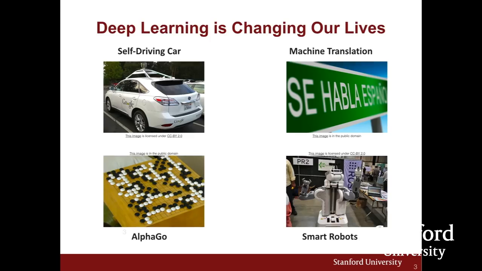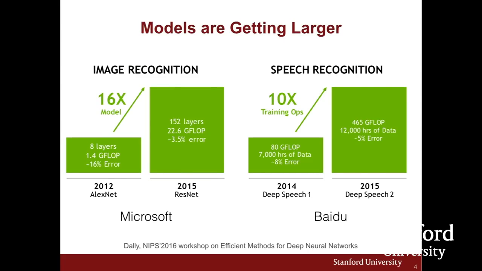In this course, we have seen a lot of convolutional neural networks, recurrent neural networks, and just last time, reinforcement learning. They span a lot of applications, for example, the self-driving car, machine translation, AlphaGo, and smart robots. It is changing our lives, but there is a recent trend that in order to achieve such high accuracy, the models are getting larger and larger.